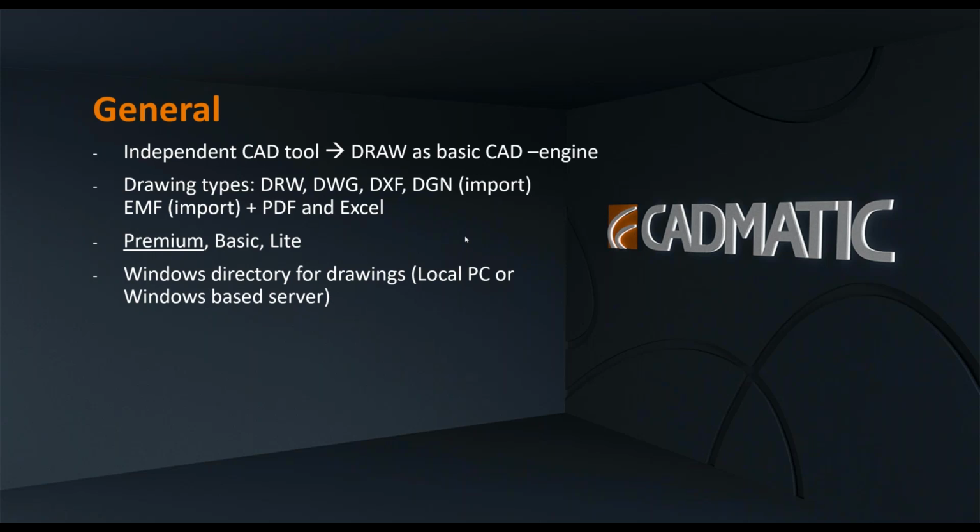Then about Electrical, how we think of it, how we sell it, how it's done. So we have three application levels in Electrical. First we have the Light. As the name tells you, it's really a light version. It strips down many of these premium functionalities, and it's meant for users who are doing only small house electrification, or let's say just a house that people live in, not even a 10-story building.